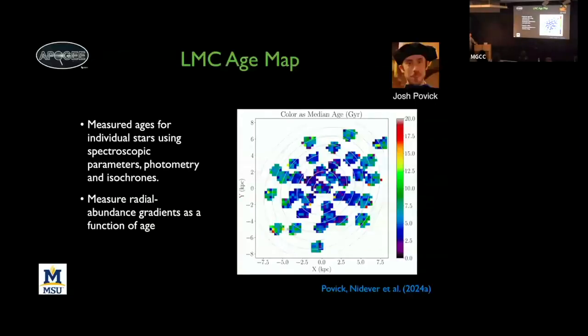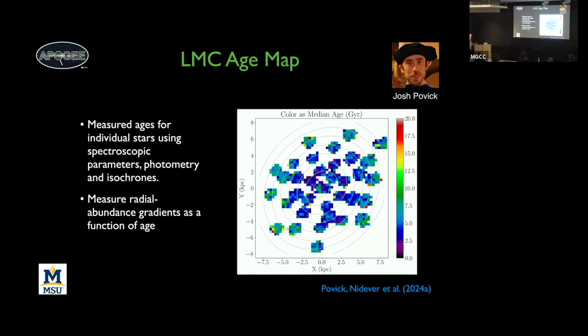All right, now let's go back to chemistry now that we've talked a little bit about star formation histories. Let's go back to the APOGEE data in the Magellanic Clouds. So Josh Povick, one of my graduate students, worked on looking at ages and radial abundance gradients in the clouds. And this is our map of thousands of stars.